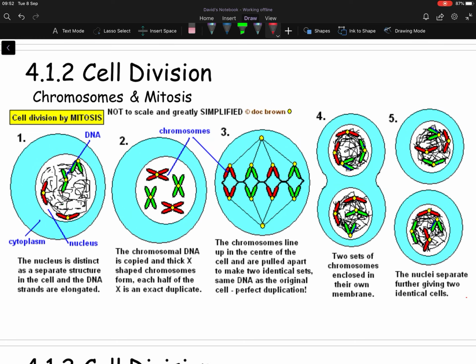Now, bearing in mind the structure of a cell and what is within the nucleus. So the nucleus of every cell contains chromosomes, made of DNA molecules.